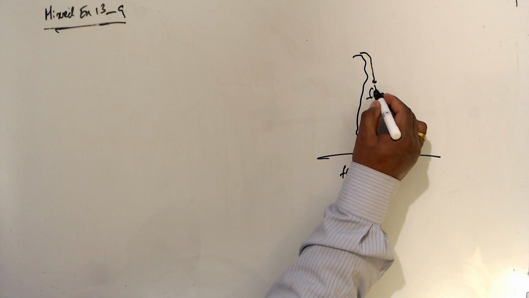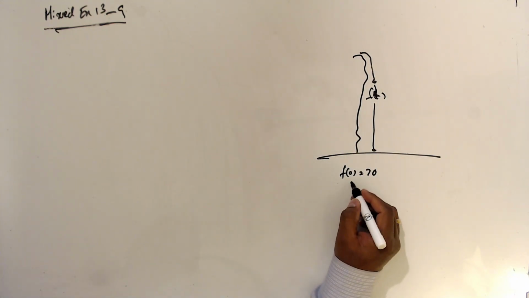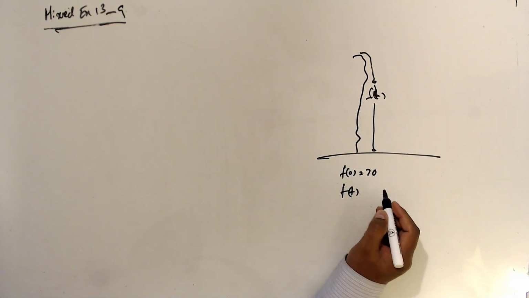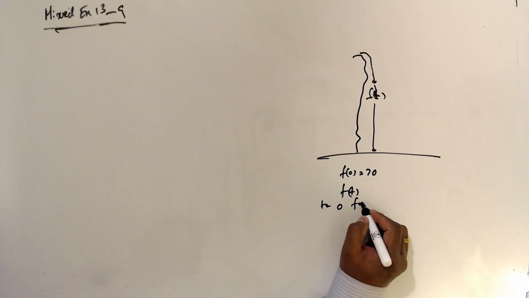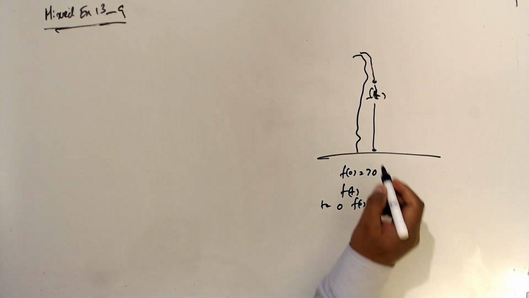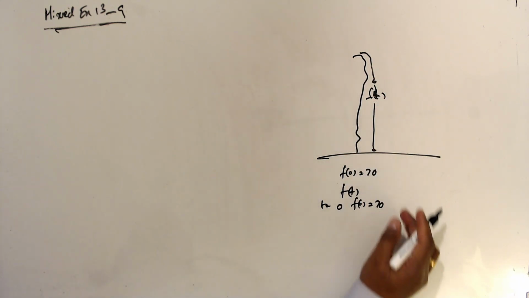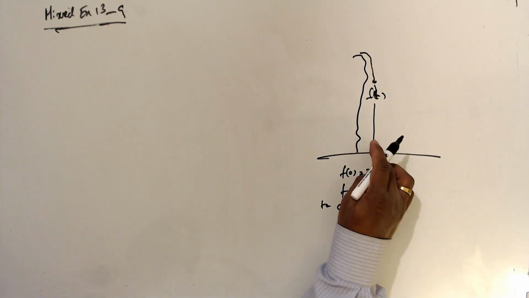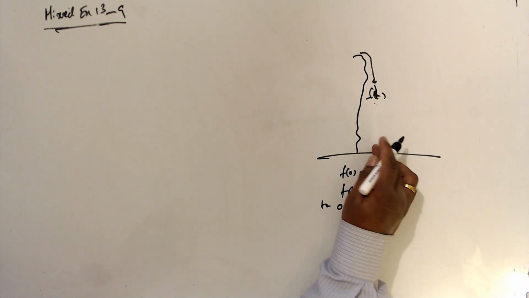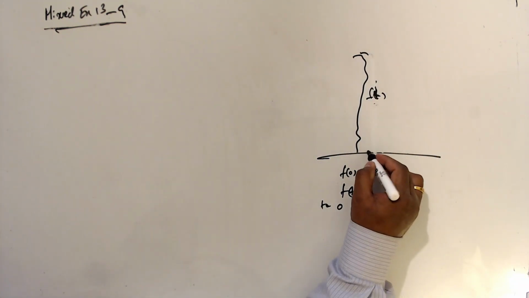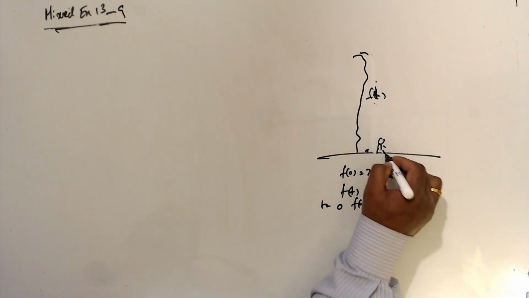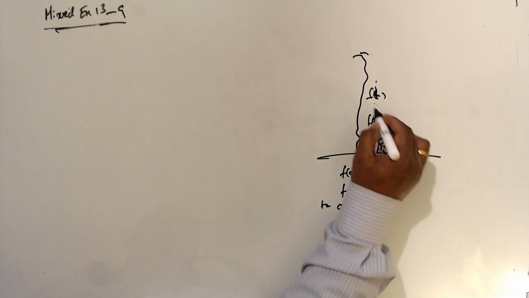So when t equals 0, f(0) is 70. It means the height is measured from the ground upward. So f(t) is the height.